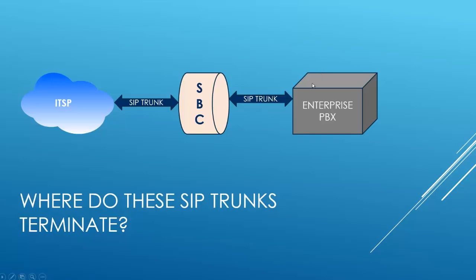And on the other side of the SBC, you have your private enterprise network or an enterprise PBX, where you still have a SIP trunk between the SBC and the enterprise PBX. Okay, so this is how your SIP trunk terminates, and this is one of the ways that you could build your SIP trunk topology.